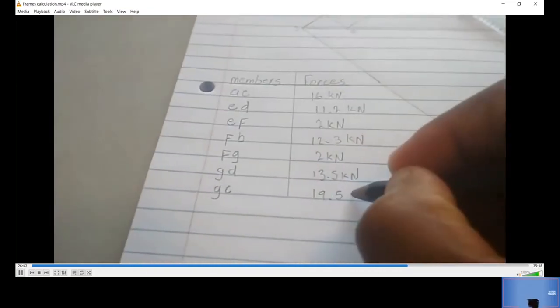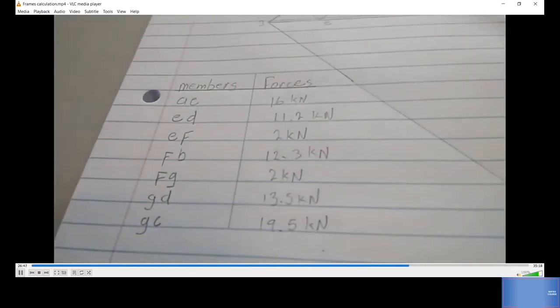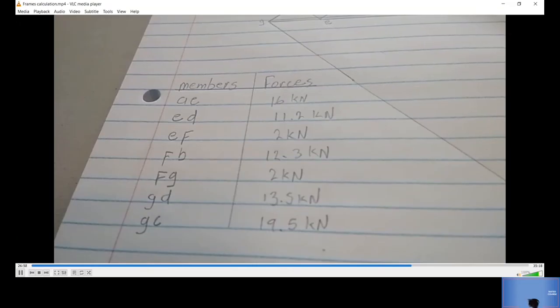It's about 19.5 kilonewtons. And that's it. That's how you calculate your forces graphically of a frame using a force diagram.